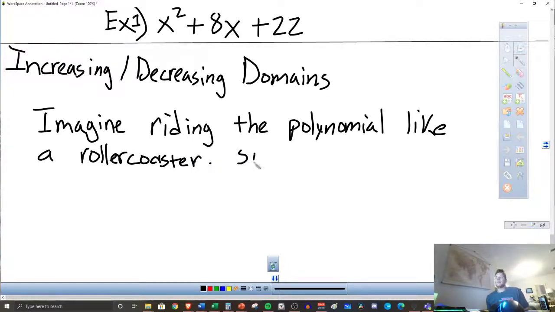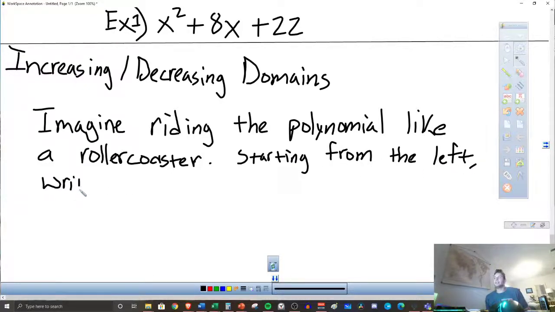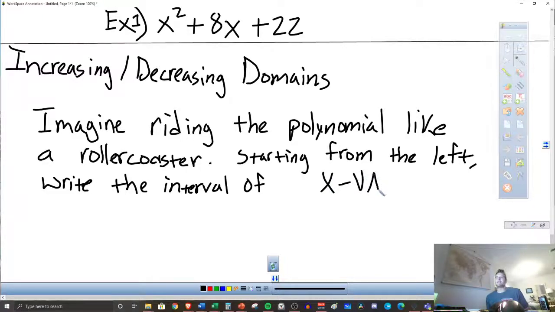So starting from the left, we're going to write the interval of x values. I'm going to capitalize this.